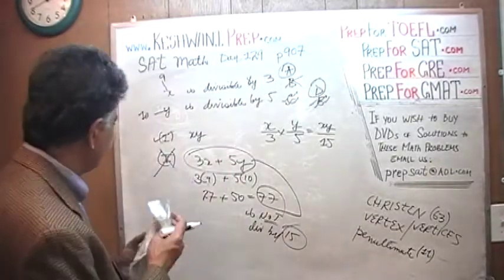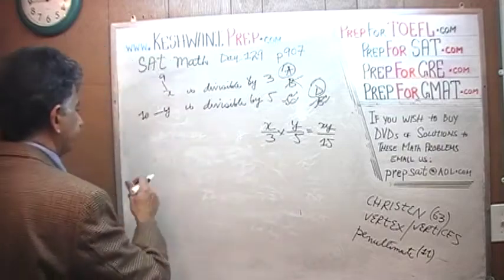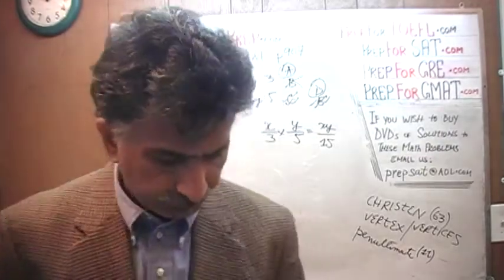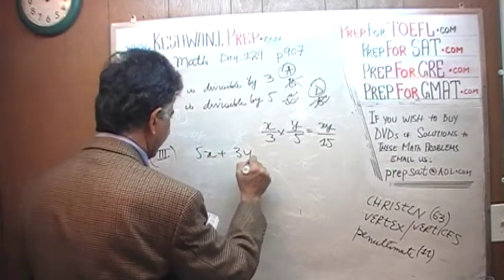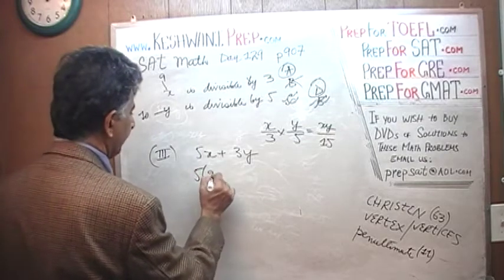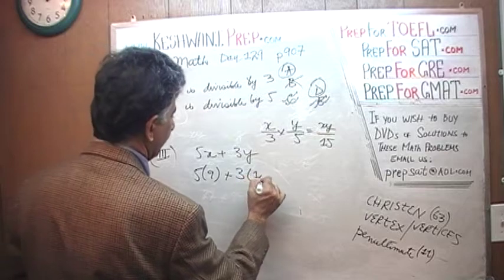Let's look at D. Let's look at the third statement. In the third statement, they tell us that 5x plus 3y, 5 times x, which will be 9, plus 3 times y, which is 10.